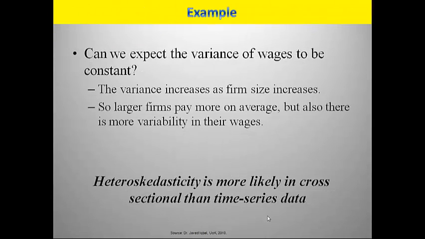So can we expect the variance of wages to be constant? Definitely not, because the variance increases as firm size increases. So larger firms pay more on average, but also there is more variability in their wages. So we can say heteroskedasticity is more likely in cross-sectional data than time series data.